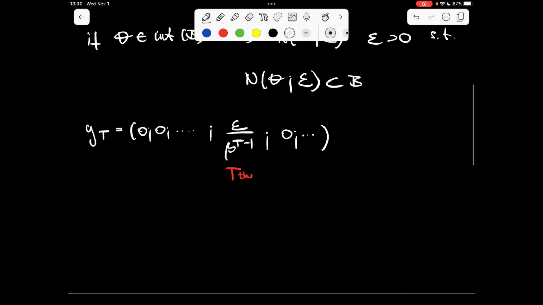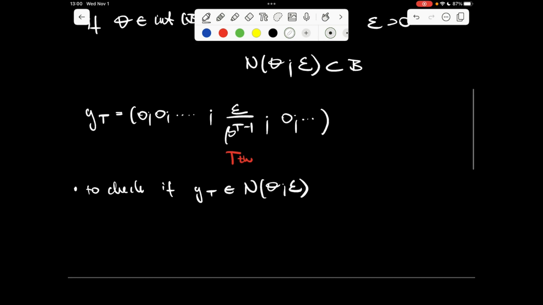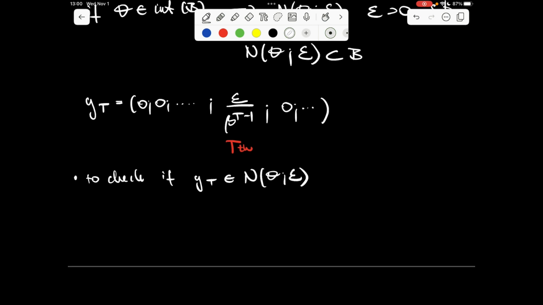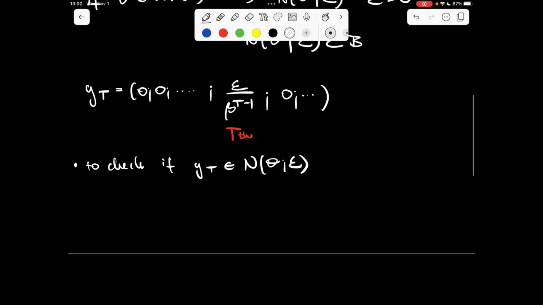Okay, so the first question to check is whether yt is in the epsilon neighborhood around theta. We can decide it on the basis of the norm.